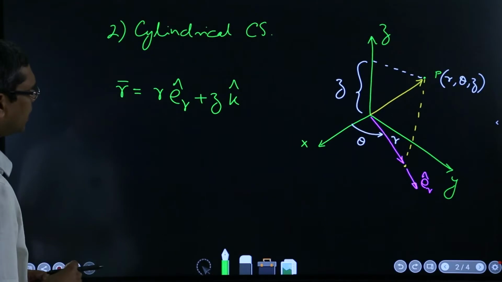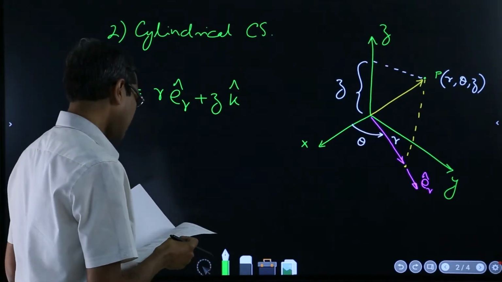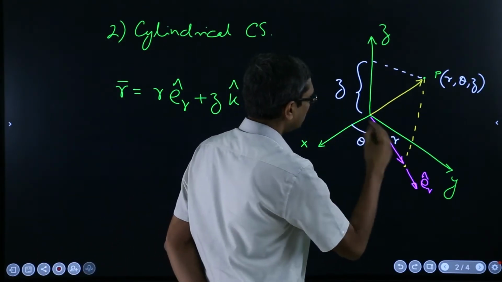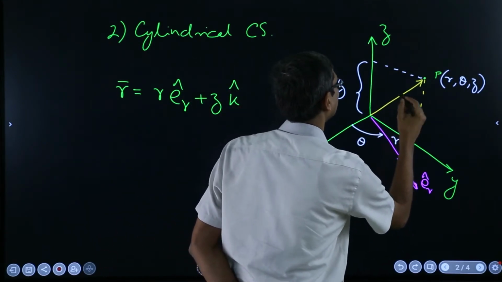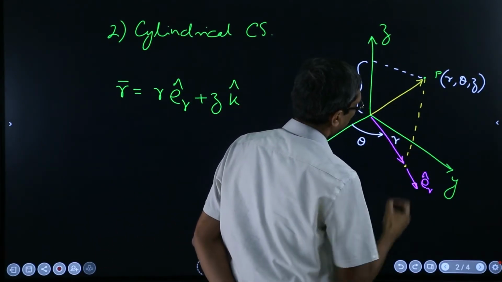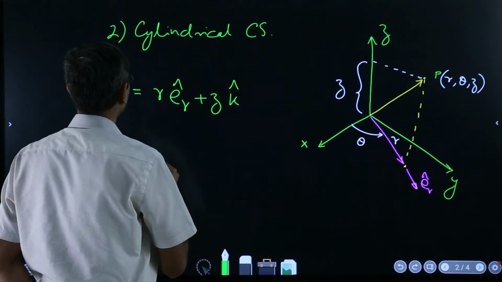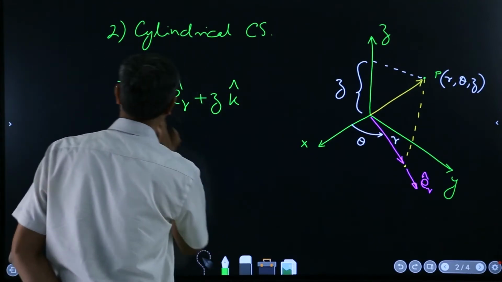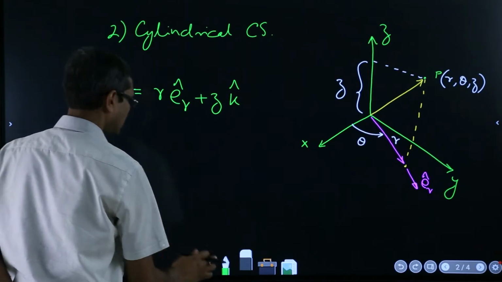Now, why we can do that is, you can consider like this. A better way is, let me take this as capital R, the R vector, otherwise it will be confusing.